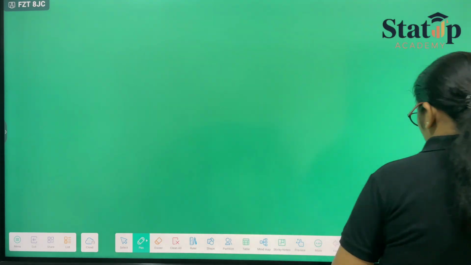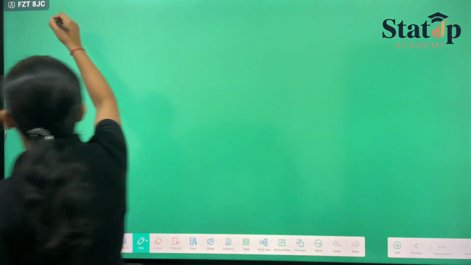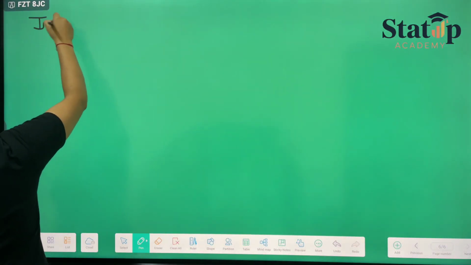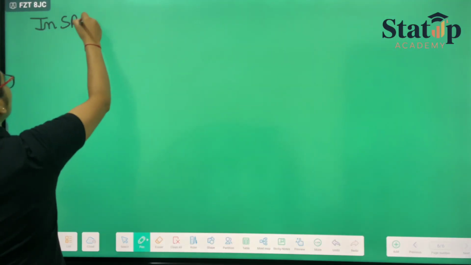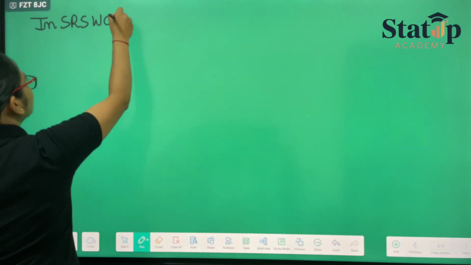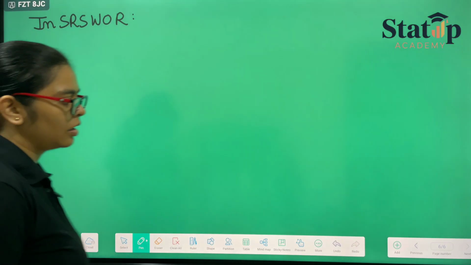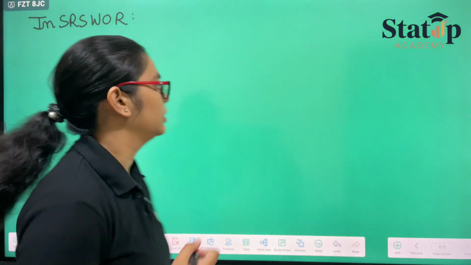Now moving on to simple random sampling without replacement. Let us take that equation 1 only.